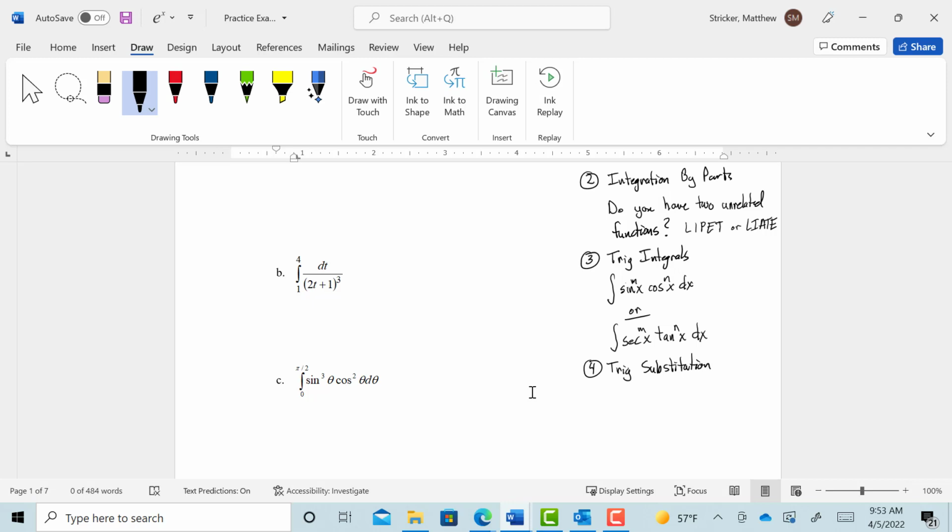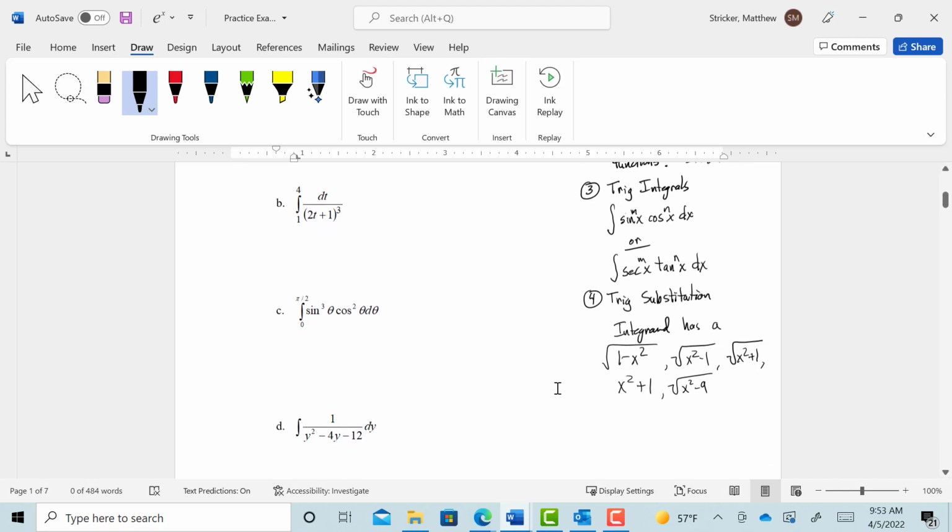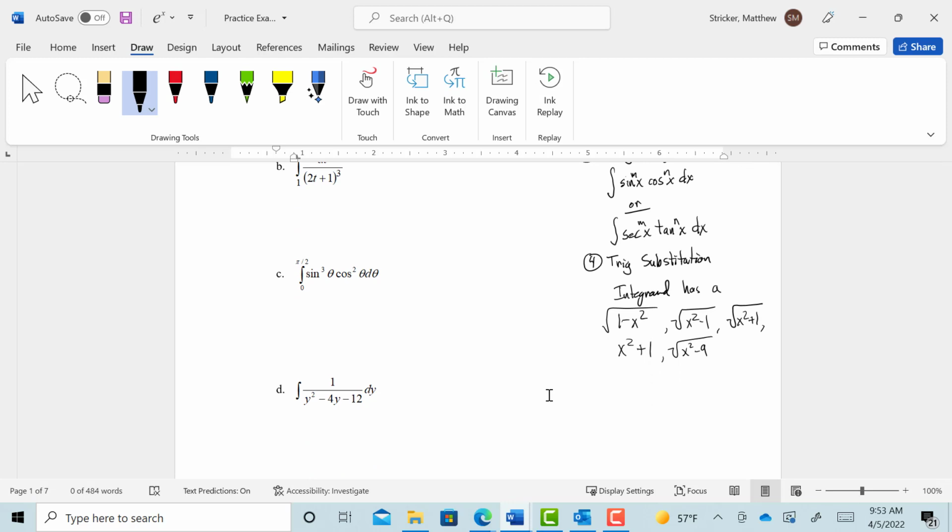And that's usually the case when your integrand, what you're taking the integral of, has a 1 minus x squared, or the square root of 1 minus x squared, or the square root of x squared minus 1, or the square root of x squared plus 1, or it could just be x squared plus 1, or say the square root of x squared minus 9. There's a whole bunch of different ways they could look, but they're going to look something like that.